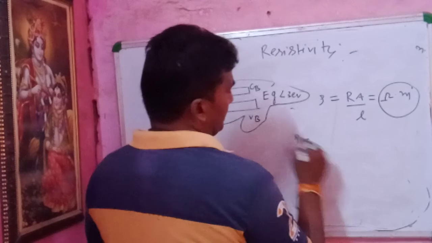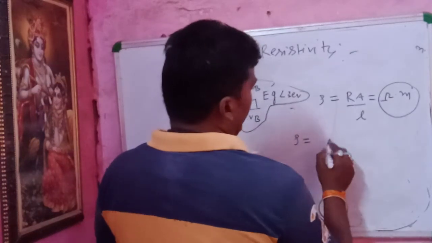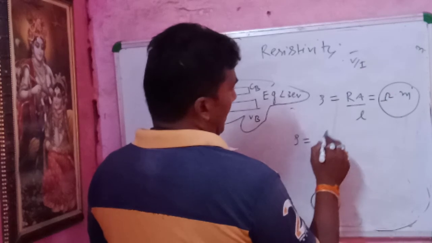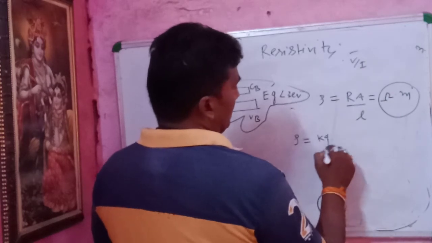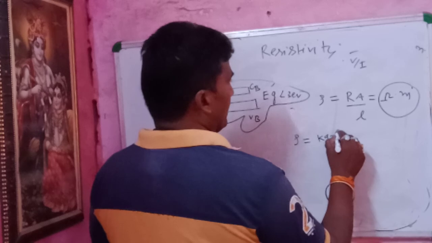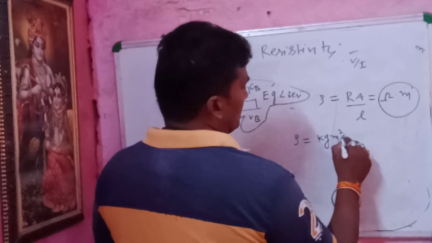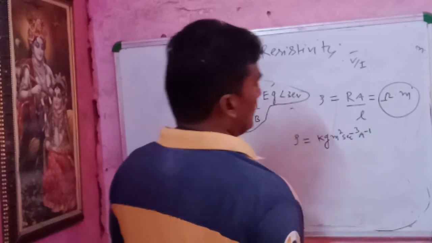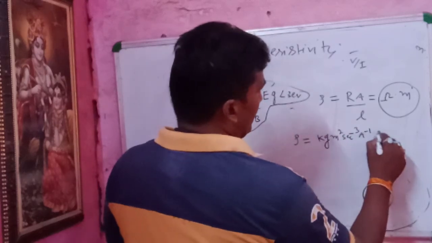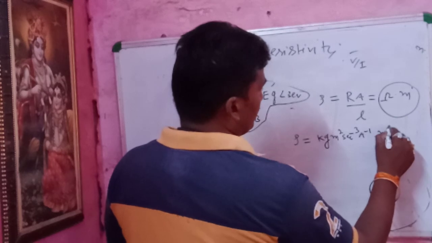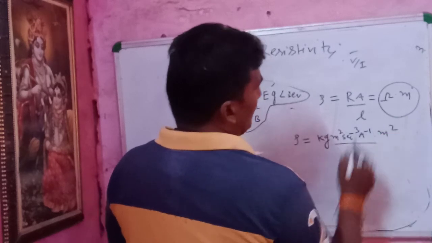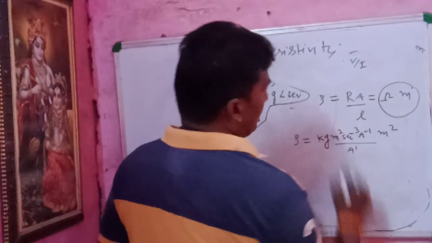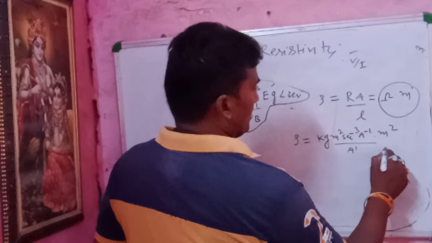For resistance, we know that R is equal to V by I, which is kilogram meter square second power minus 3 ampere power minus 1, into meter square upon ampere power 1 upon meter.